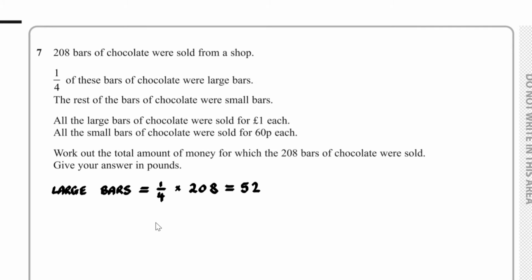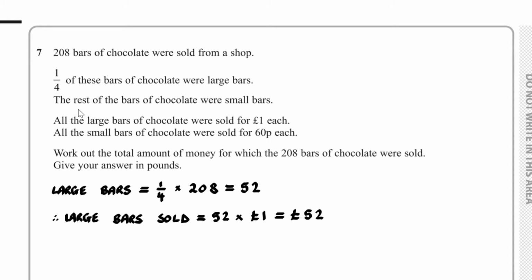And then what we can do is find out how much these were sold for. So the number of large bars sold, we have 52 multiplied by 1. So it turns out £52 worth of large bars of chocolate were sold.